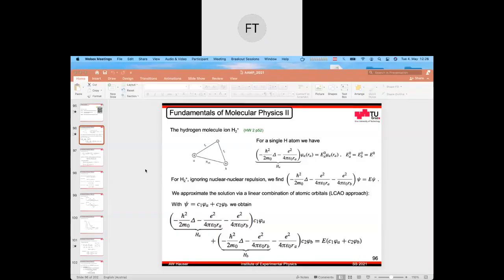Last week we've been talking about the Born-Oppenheimer approach, and I explained to you when this approach breaks down or when it is still valid and when we can use it.